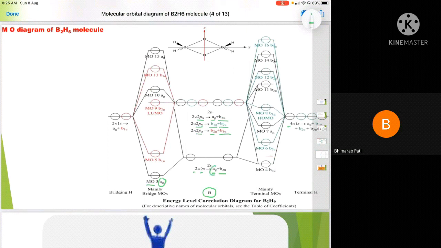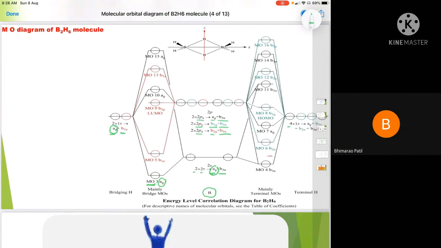Ag from this boron and Ag from the hybrid orbitals of the bridging hydrogen atom form molecular orbital 3, that is Ag. It means the symmetrical hybrid orbital of the bridging hydrogen atom overlaps with the symmetrical hybrid orbital of the boron to form the molecular orbital MO3, and there is also the anti-bonding molecular orbital, that is the Ag. Then one is remaining here, B1u.